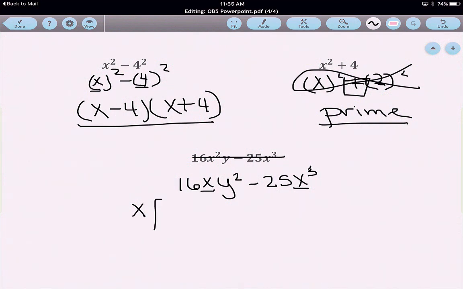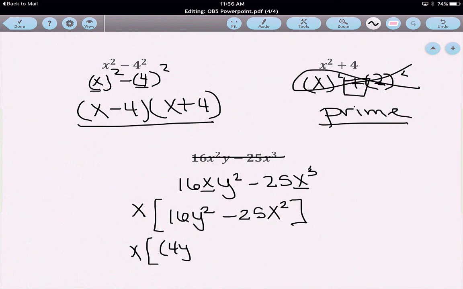Now I'm left with 16y squared minus 25x squared. Now this is something that's factorable using our difference of squares. I want to rewrite this as 4y squared minus 5x squared. That's because 4y squared is 16y quantity squared. 5x quantity squared is 25x squared.